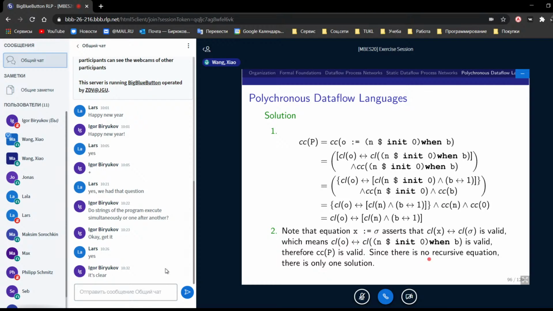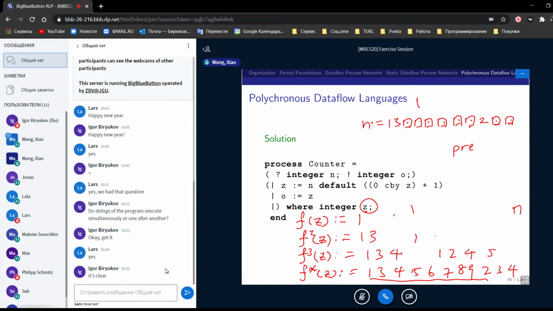And there's one more question: if there are multiple solutions. There is only one. Solutions really happen when you have a recursive definition, like we have here, where a stream depends on itself, that might have problems because we might have multiple fixed points.